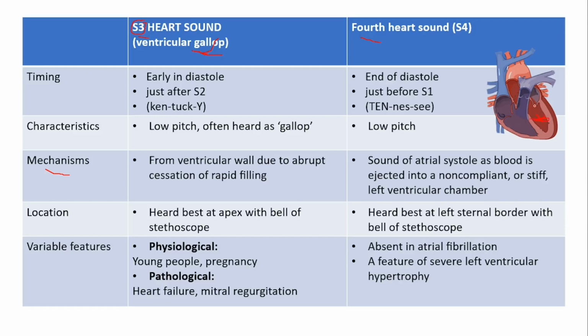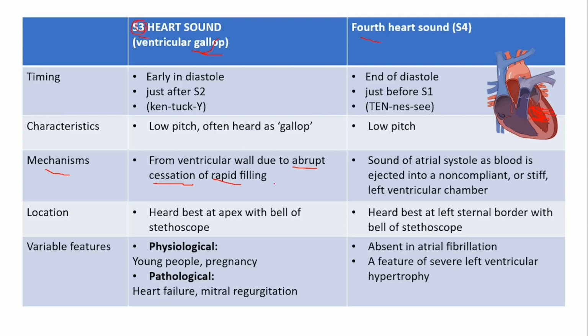So when the mitral valve opens, the blood rushes into the left ventricle, and that will fill the left ventricle very soon, and so there will be abrupt cessation of the rapid filling. When this rapid filling is abruptly stopped, this will vibrate the ventricular wall, and this vibration will be heard as the S3 heart sound.